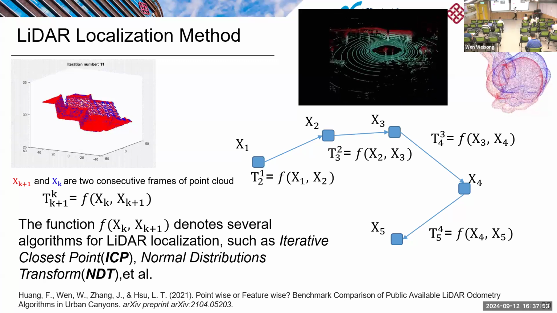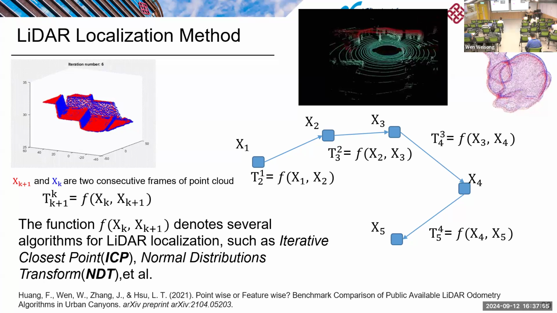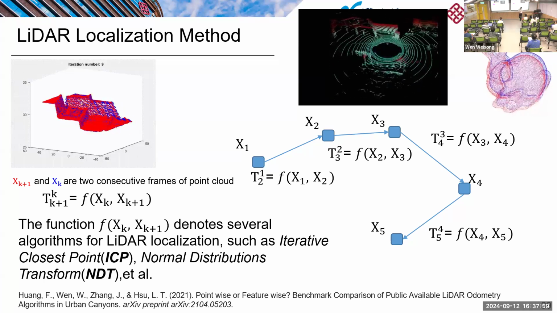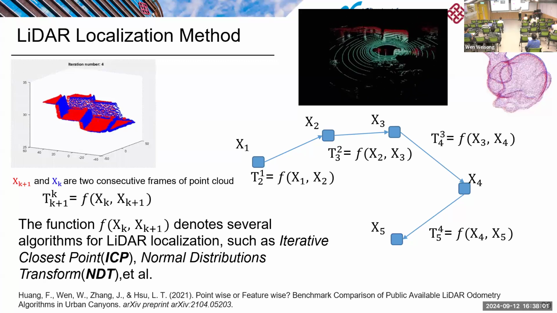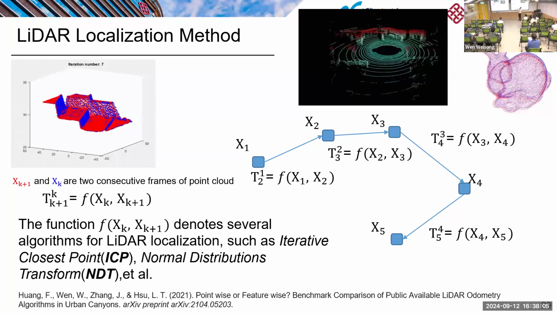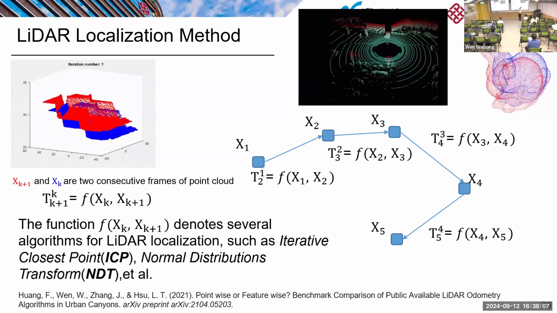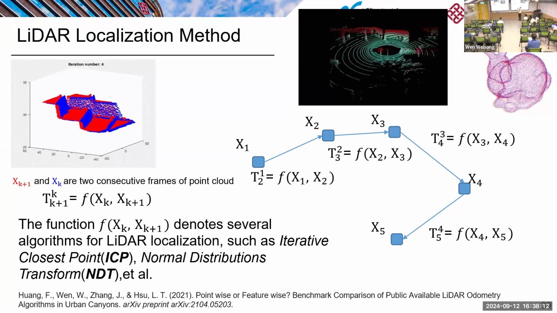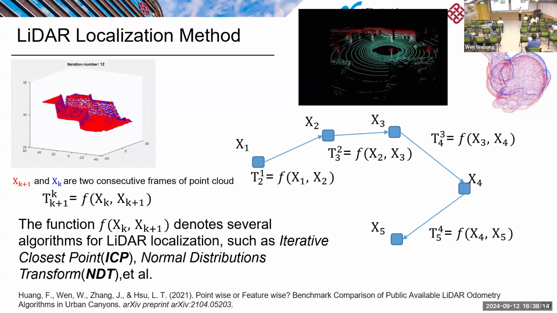How do we understand this? This is one frame of point cloud, and this is another one. I'm trying to identify a transformation, like a rotation and translation, so that they overlap, right? This is quite similar.